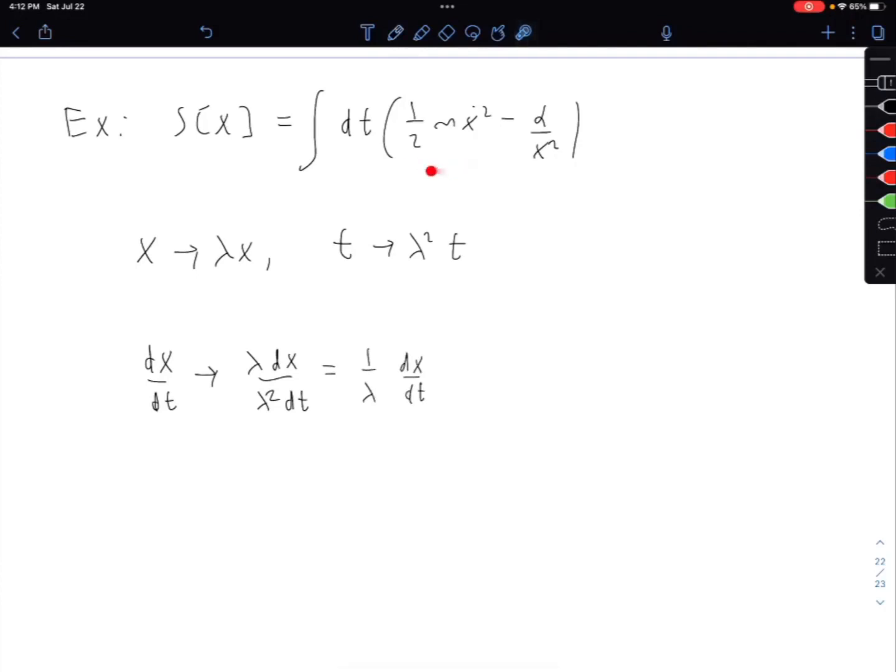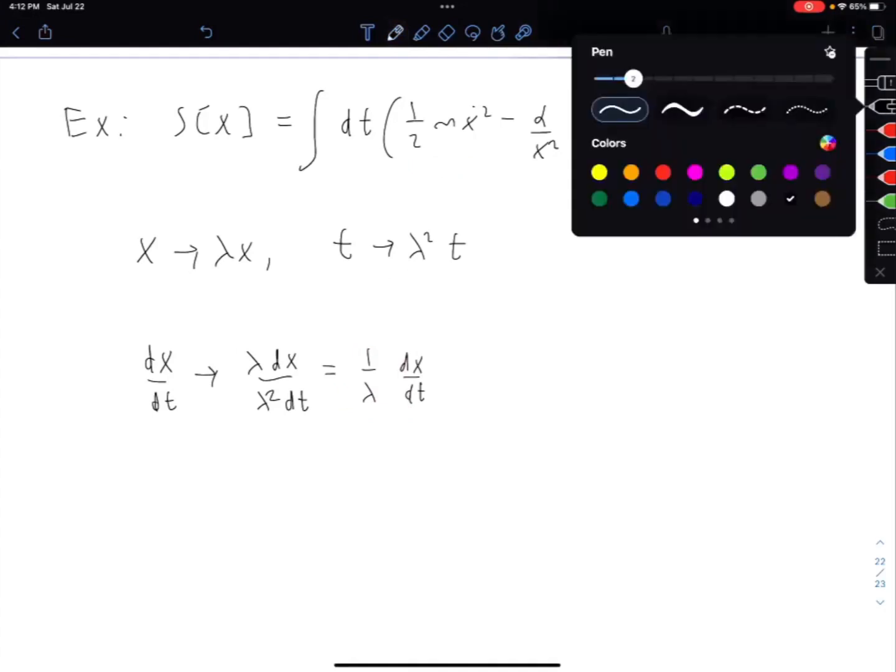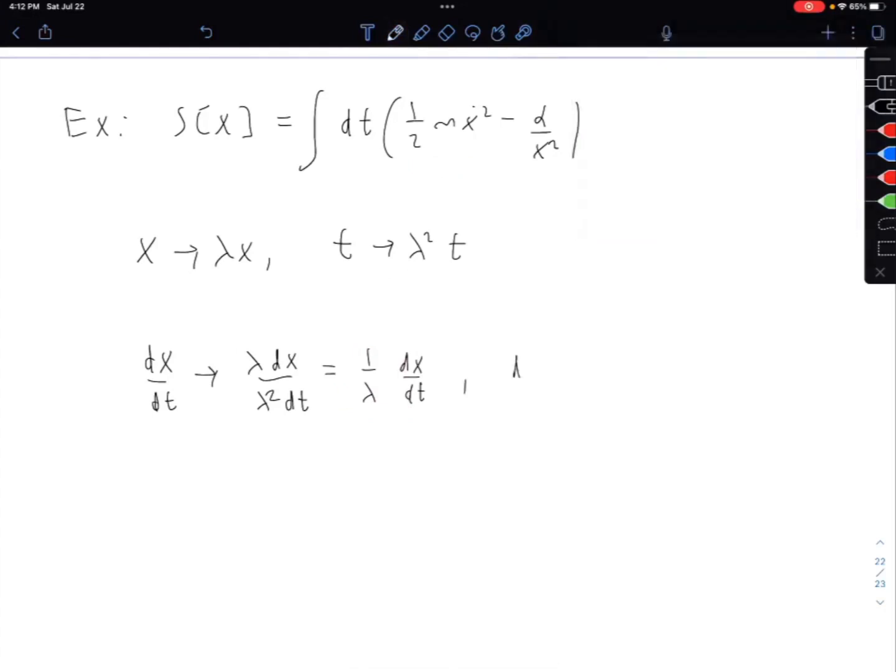So this term, under this transformation, would go into 1 over lambda squared times itself, because dx/dt squared would go into 1 over lambda squared times dx/dt squared.